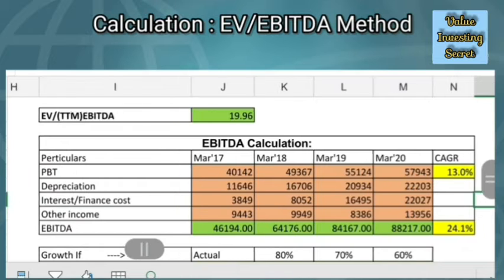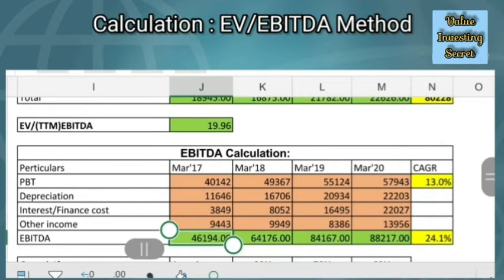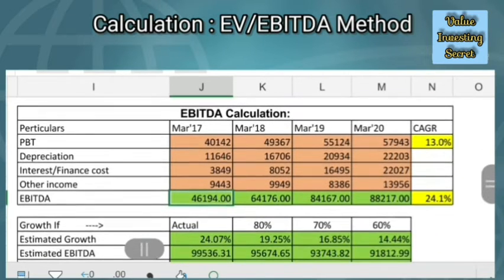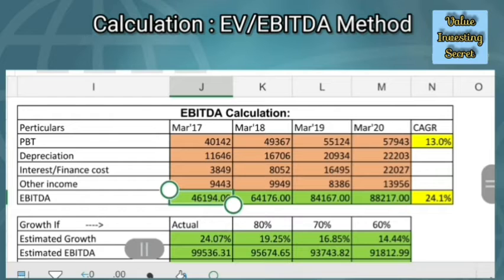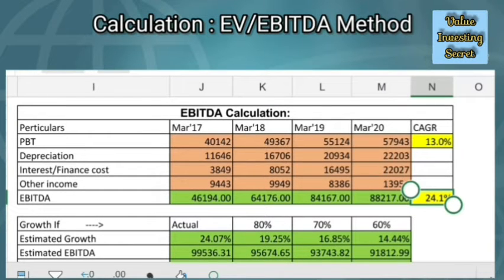So to calculate EBITDA, we have to add PBT plus depreciation plus interest or finance cost, then minus other income, then we'll get the EBITDA. So in the same way I did for all the years 17, 18, 19 and 20. With this we can calculate the CAGR of EBITDA using the CAGR formula.